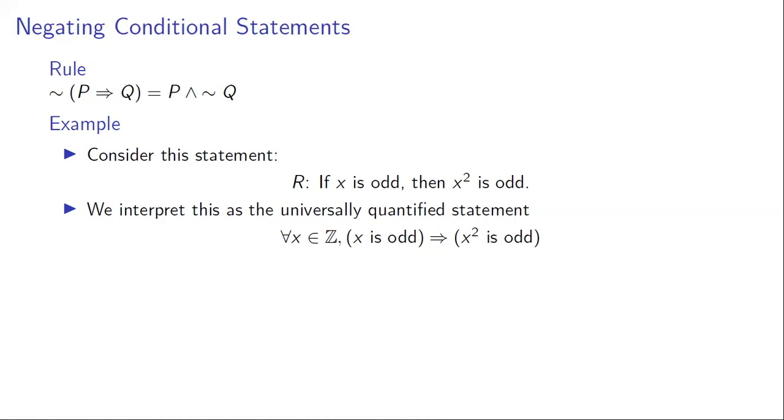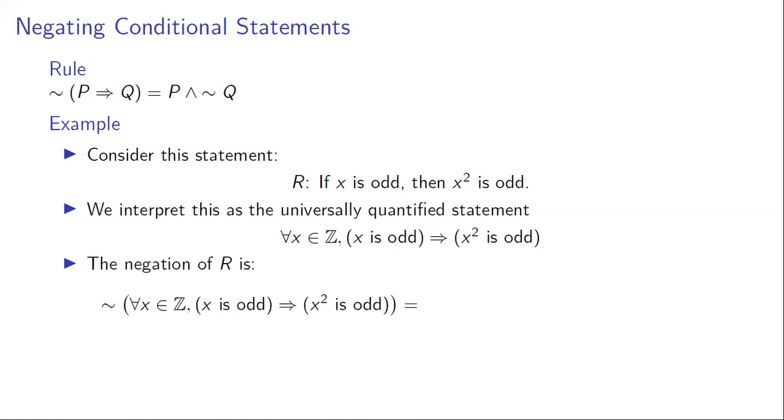Now let's try to find the negation of this. The negation of R would be: not for all x in Z, if x is odd, then x squared is odd. Now we can use the rule from before to move this not inward.